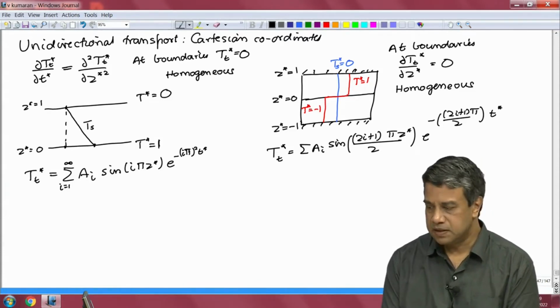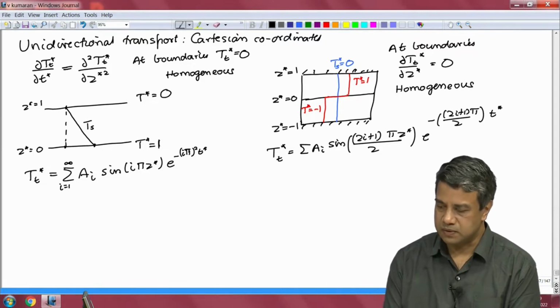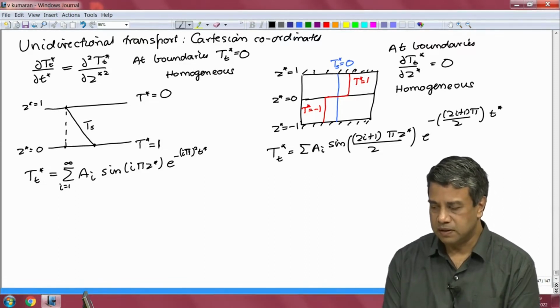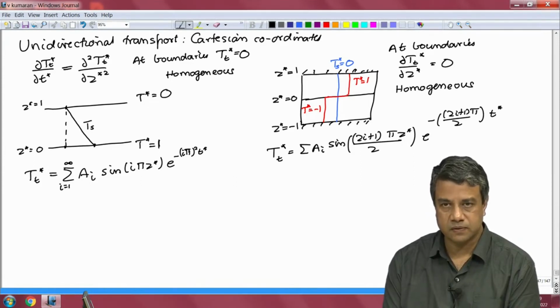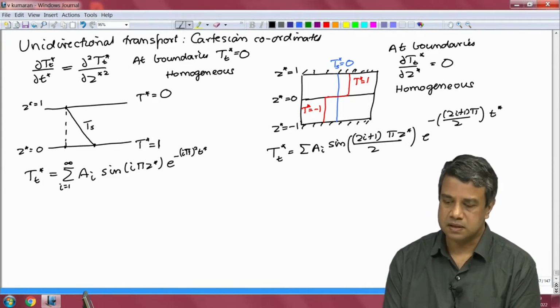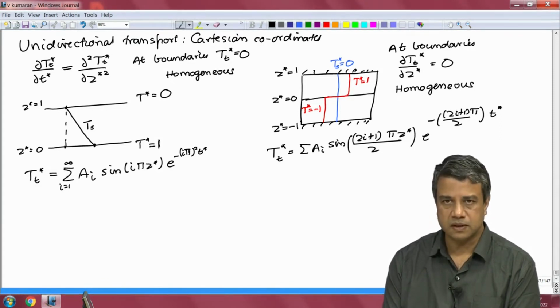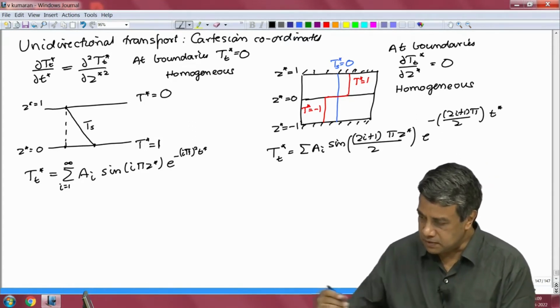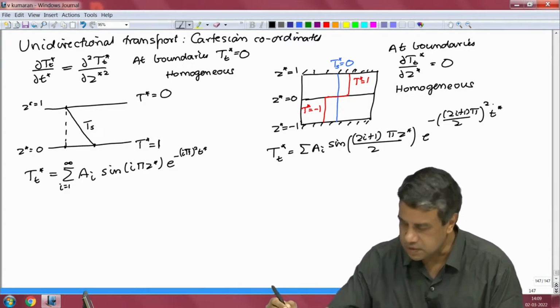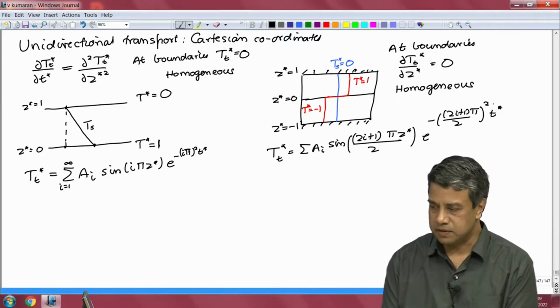Similarly, in that case as well, the integral from minus 1 to 1 of sine of 2i plus 1 pi z by 2 times sine of 2j plus 1 pi z by 2 was 0 if i was not equal to j, and non-zero only if i is equal to j. There is a square here, please note that there is a mistake there, it should be the square.